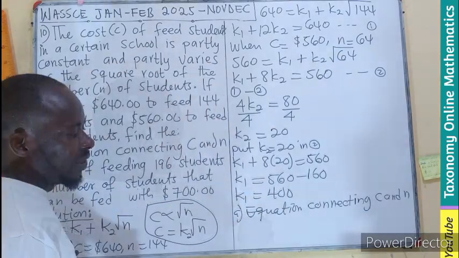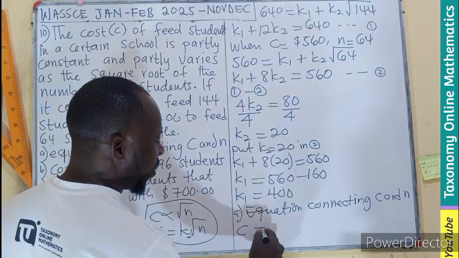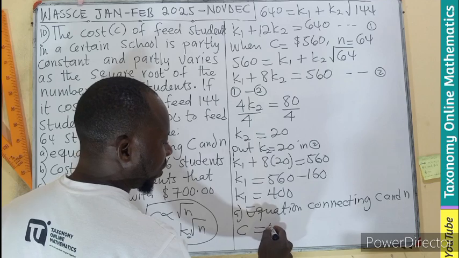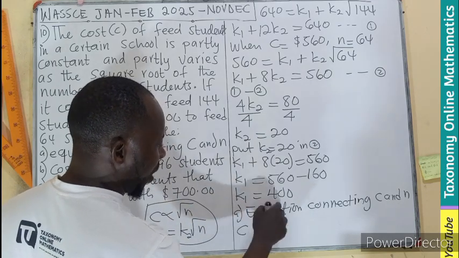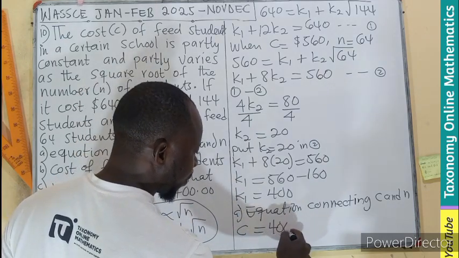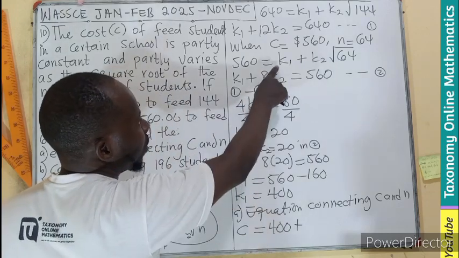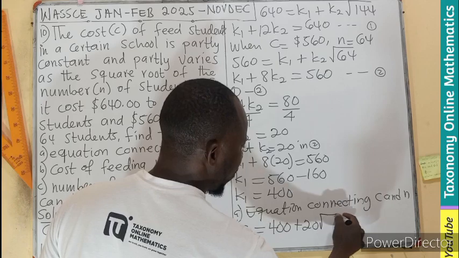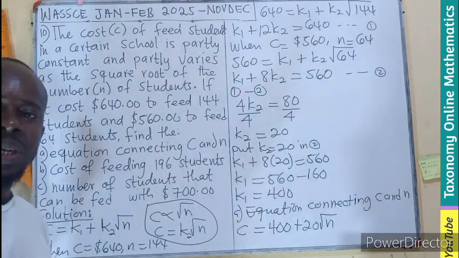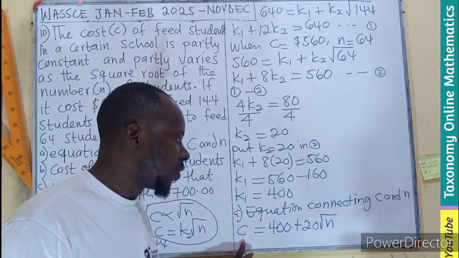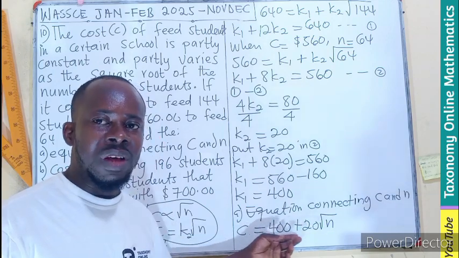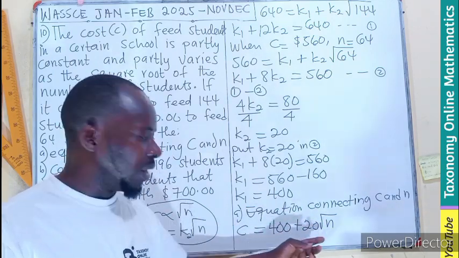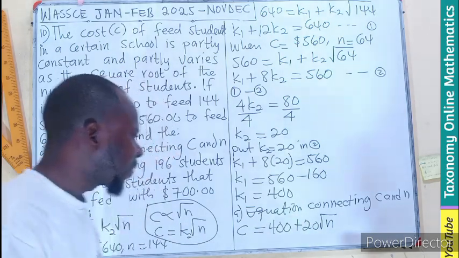So the equation connecting C and N is going to be C equals K1, which is 400, plus K2, which is 20, times the root of N. So that's the equation. It means that these are going to be the constant values in each calculation. The cost and the number are the variables.